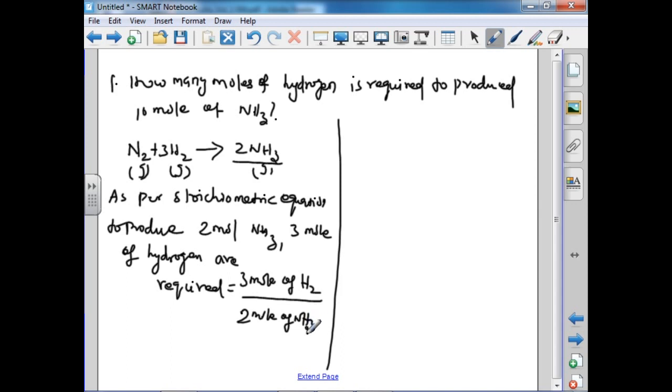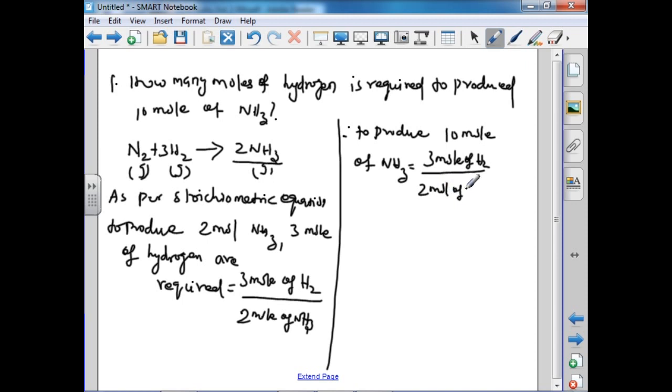Therefore, to produce 10 mole of ammonia equal to 3 mole of H2 divided by 2 mole of ammonia multiplied with 10 mole of NH3. 5 into 3 equal to 15 mole of H2 are required.